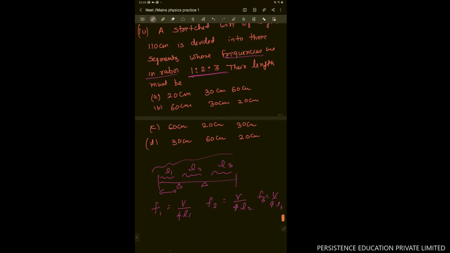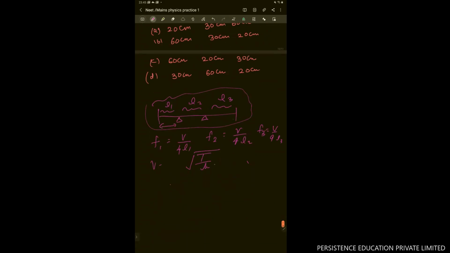As it is the same wire, the velocity in a string can be written as root T by mu. So the tension in a string will be same. And mu is same. They are made up of the same material. So it means V by 4 is same.